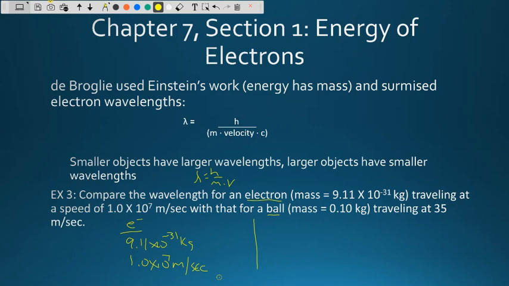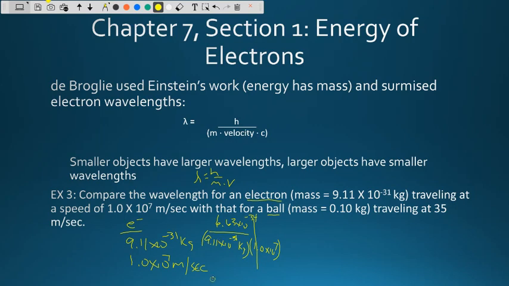So if I plug the electron side into my equation, I have 6.63 times 10 to the negative 34, here's our constant, divided by 9.11 times 10 to the negative 31 kilograms, times the speed, which is 1 times 10 to the 7th.